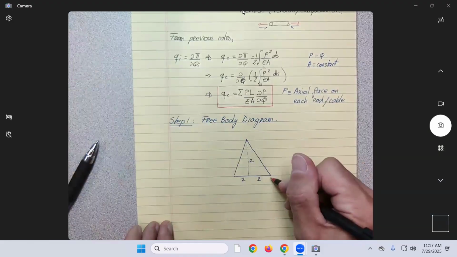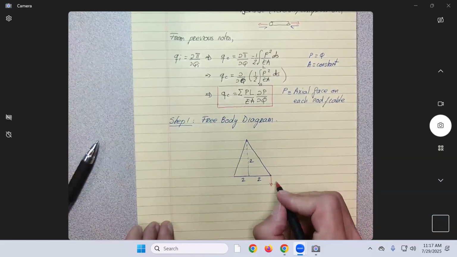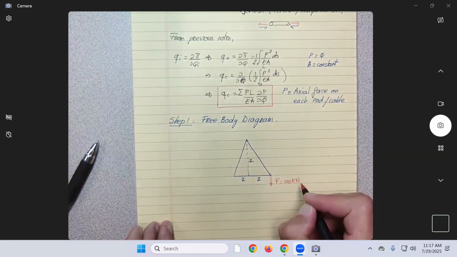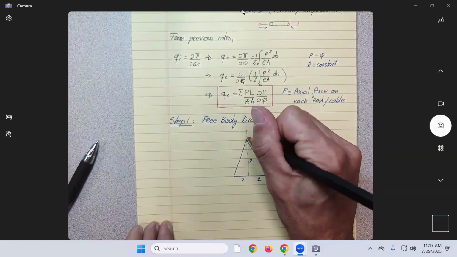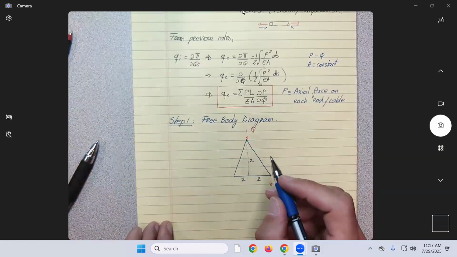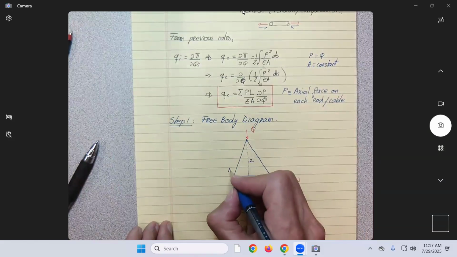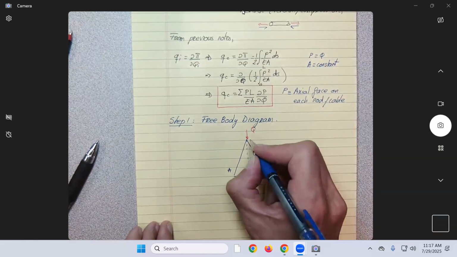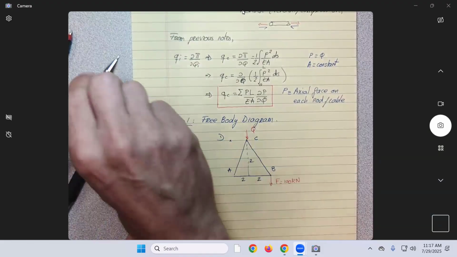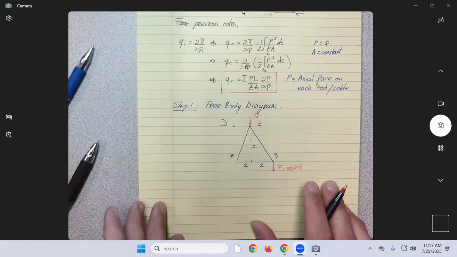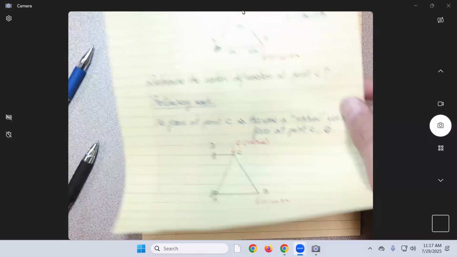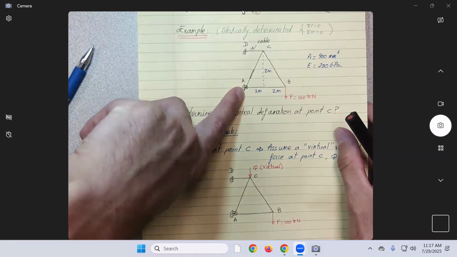We have the force F equal to 100 kilonewtons, and the force Q over here. Points A, B, C, D. If I do the free body diagram, at point A we say that it is simply supported.